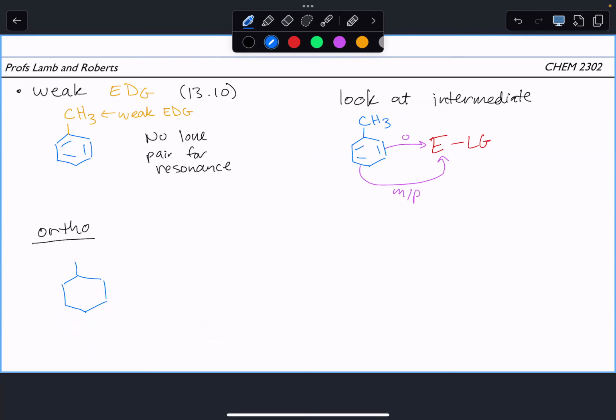So I'll do ortho first, so we have our methyl group. If we attach this in the ortho position, we have our positive charge over here. Our leaving group is our counter ion. I can draw a resonance structure where I stabilize that positive charge and push it around the ring.